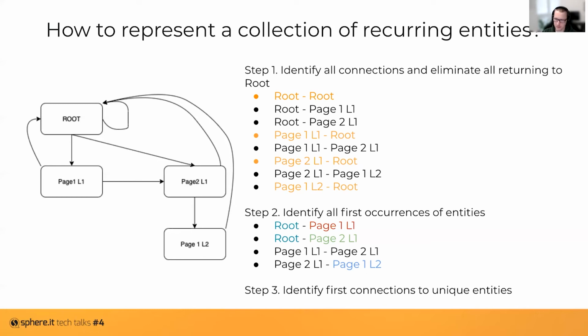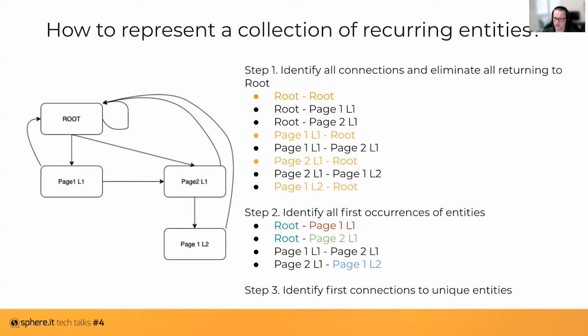The second step would be to identify all first occurrences of entities, from the rest of the connections. So we have the first occurrence of the root element, then occurrences for page 1 in connection from root, page 2 also in a connection from root, and page 1 on second level as a first occurrence on the connection from page 2 on level number 1.